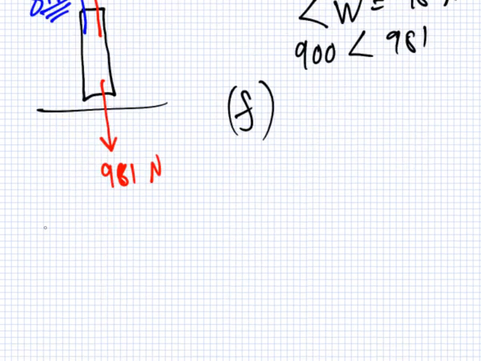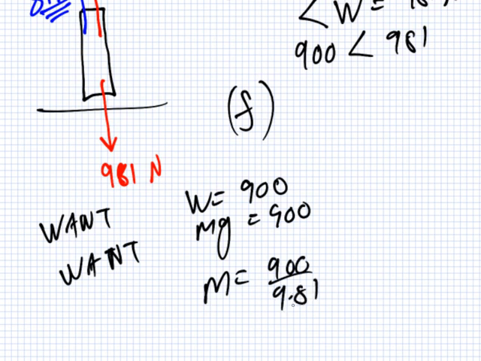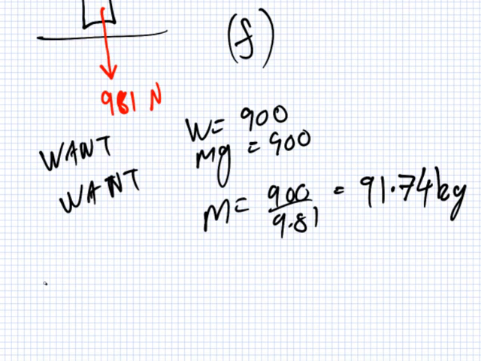So we want the weight to equal 900. So we want mg to equal 900. So we want the mass to equal 900 over 9.81. So we want the mass to be 91.7 kilograms. Now, the mass starts at 100 kilograms, but every second, how much does it lose?